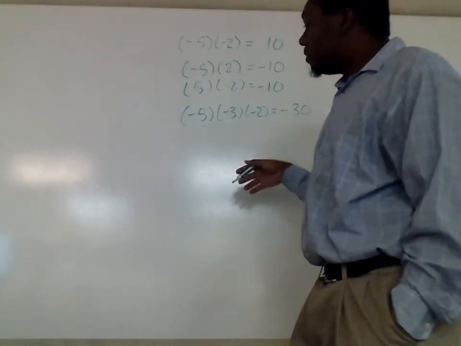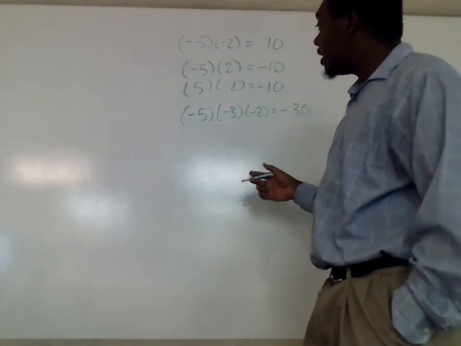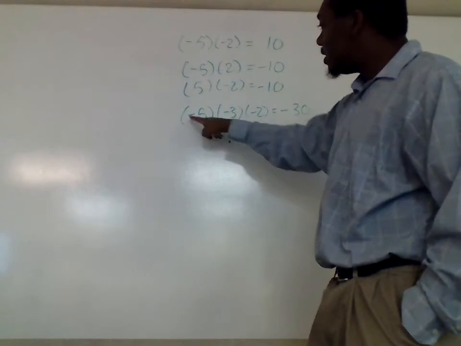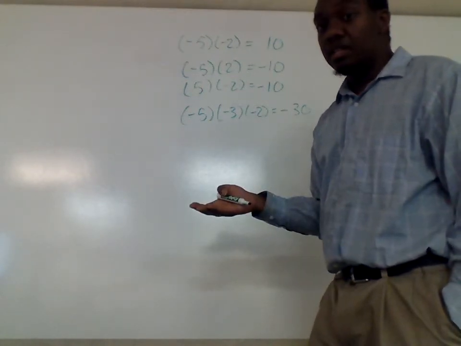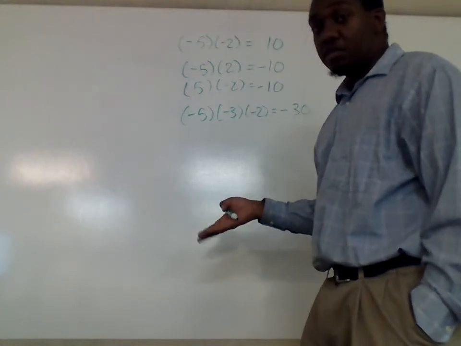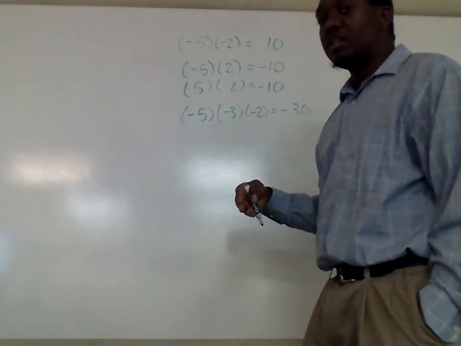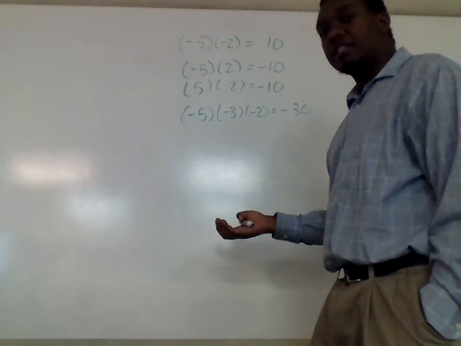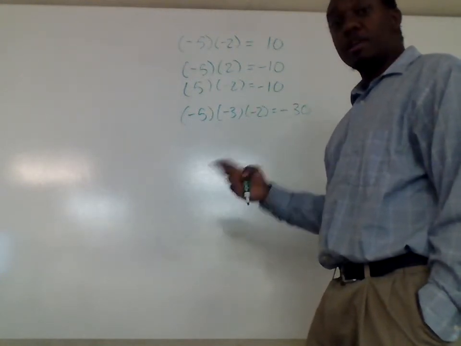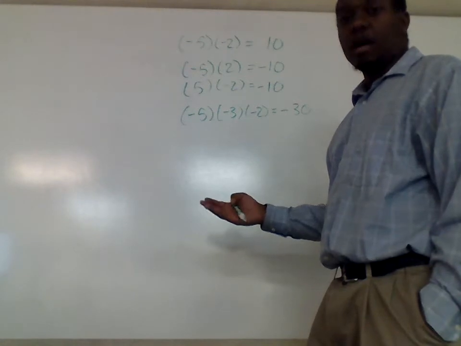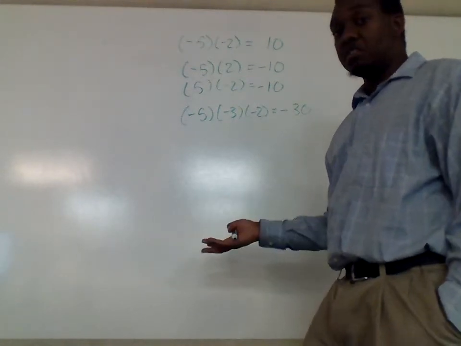So in simpler terms, though, if we want to figure out what the sign is, see how many negatives you have. If you have an even number of negatives, so like you have 2 negatives, or 4 negatives, or 6 negatives, or 0 negatives, your answer would be positive. Why? Because if you take 2 negatives and multiply, it becomes positive. And we already know what happens when you do positives times positives, it stays positive.